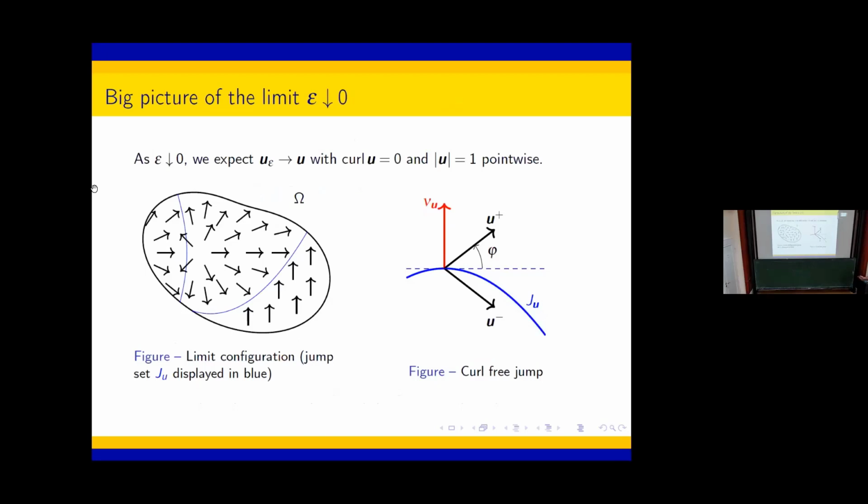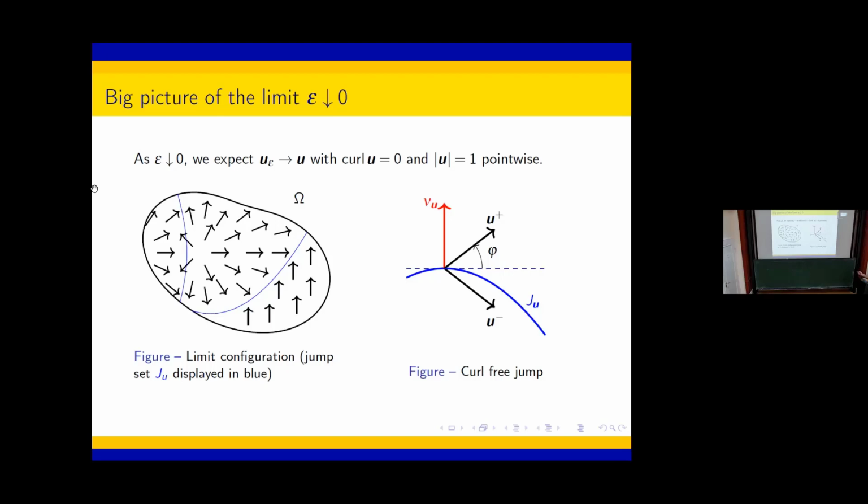Okay. So I repeat the big picture of what we expect, what we think happens when we send epsilon to 0 in the Aviles-Giga functional, up to extraction at the limit, to obtain something like this: you may have a vortex here, and otherwise you are curl free, and you have line discontinuities, and through the line discontinuities you are still curl free.